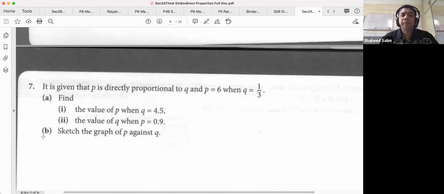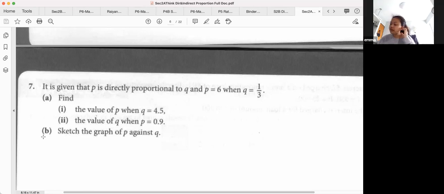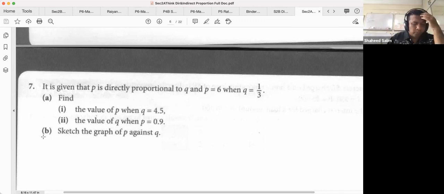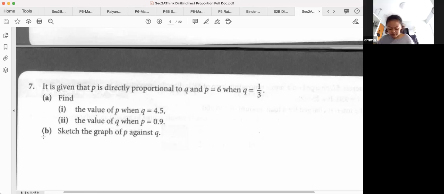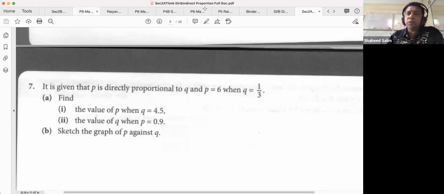Yeah, P can be Y, but you change the Y to P and change the X to Q. Okay. Once you get the equation, tell me, okay?